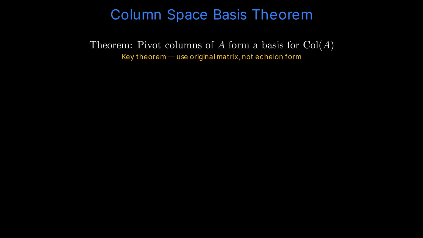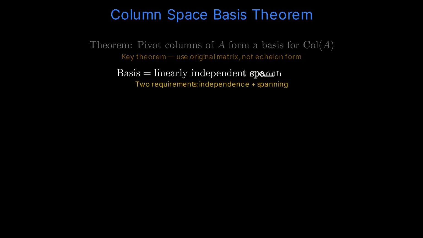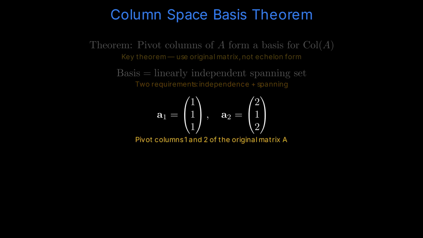Here's the key theorem. The pivot columns of the original matrix, not the echelon form, are a basis for the column space. A basis is a linearly independent set of vectors that spans the space. Our pivot columns are columns 1 and 2 of A, the vectors (1, 1, 1) and (2, 1, 2).